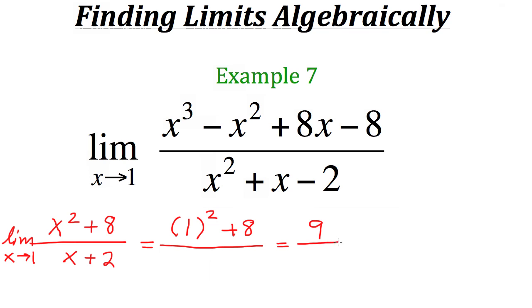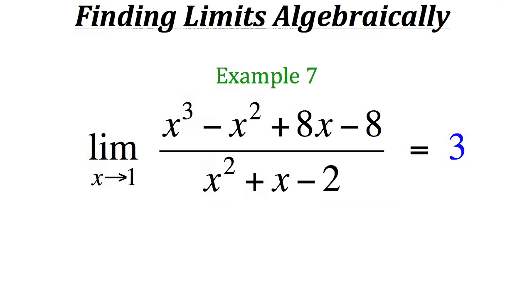Now let's do our denominator. So the limit of x plus 2 as x approaches 1 is 1 plus 2, which gives us 3. So when we reduce this, we find that the limit of this function here as x approaches 1 is 3. Now you know some techniques on how to find limits algebraically.